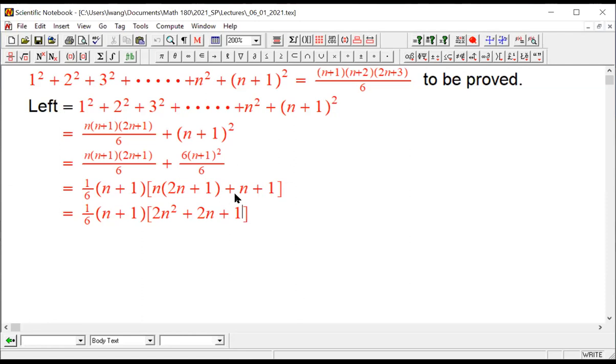There's a 6, I'm sorry. There's a 6 here, isn't there? 6 times n plus 1. So this is going to be 7n plus 6. So I factored out the denominator 6, one of the n plus 1, but I still have a 6 times n plus 1 on the top. Does everybody follow me?